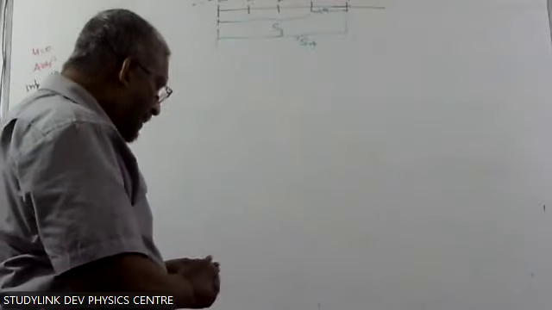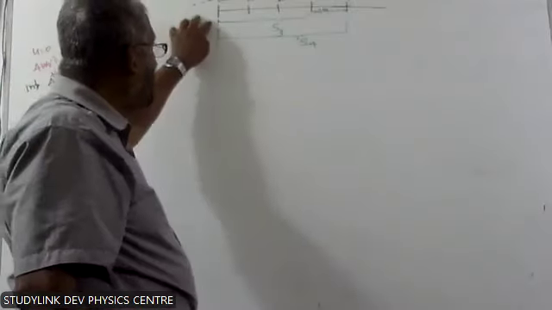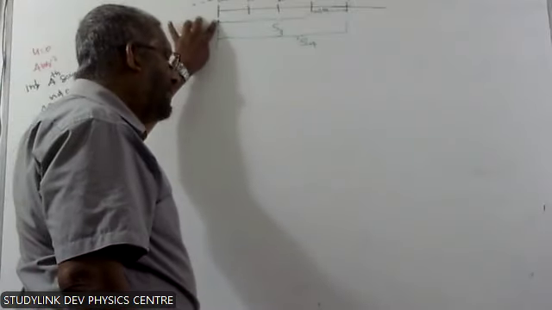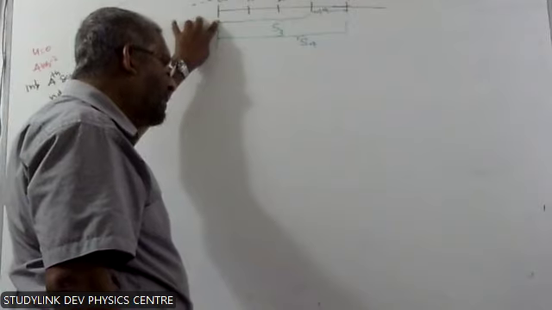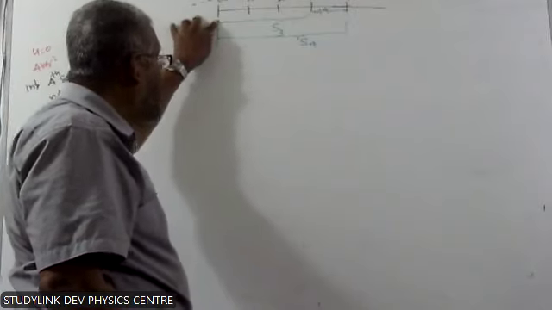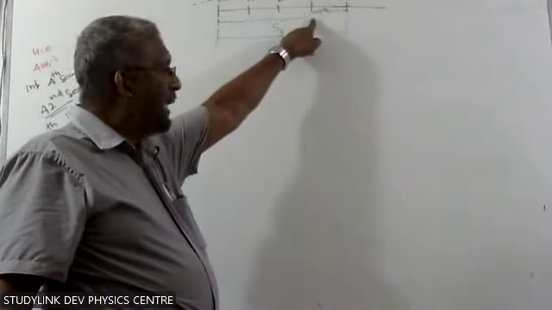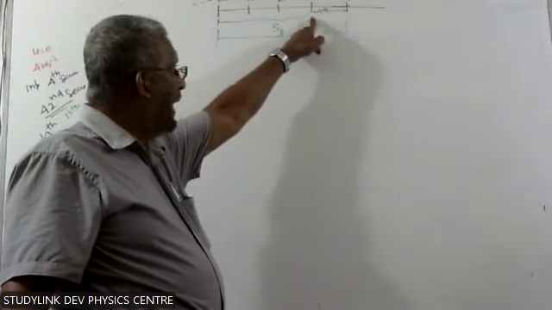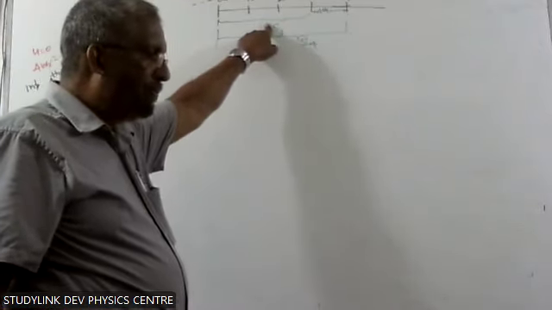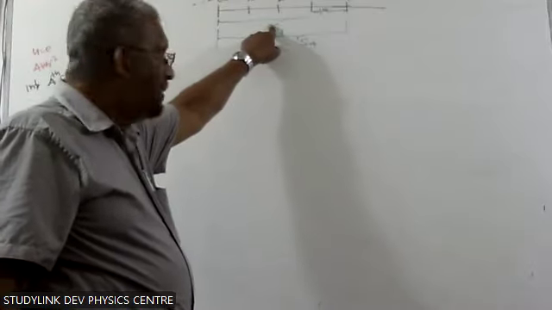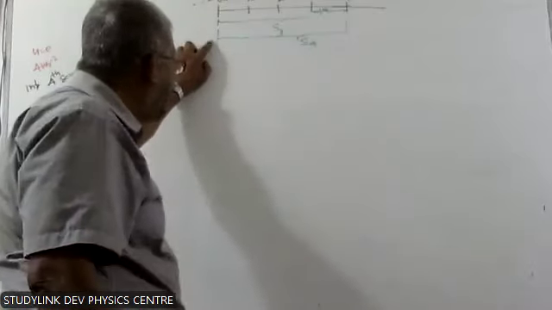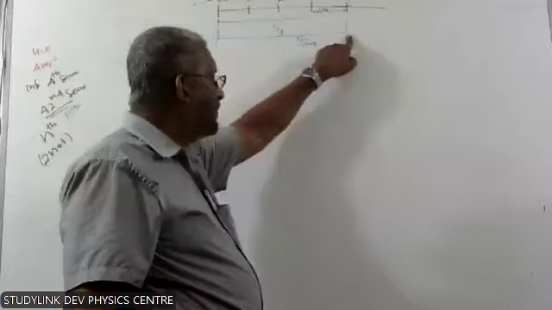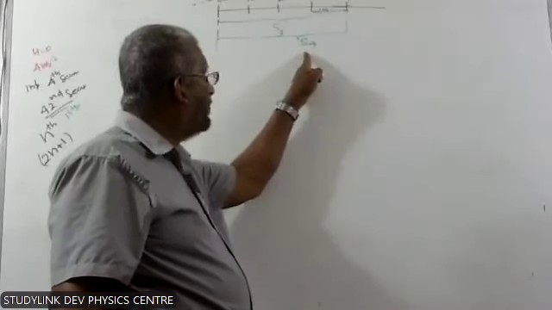Then find the distance from the initial point, that is t equals 0, up to the end of 3 seconds as S3. Then again find from 0 to 4 seconds as S4.